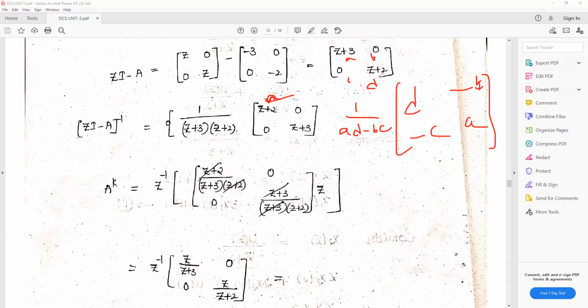D is Z plus 2, minus 0, minus 0, Z plus 3.